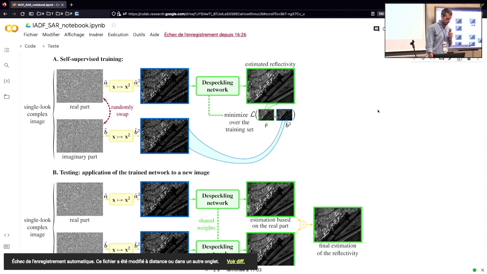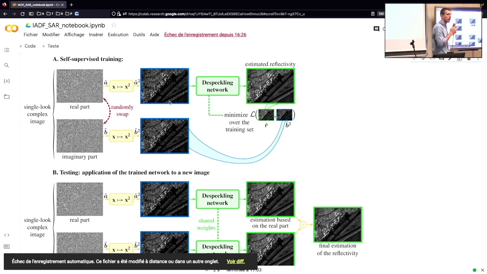And the basic idea is that if you have two images that are representing the same scene, but the noise component is independent between the two images, you can feed your neural network with one image, and you can ask to minimize the distance between the output and the second image. Because the noise is independent, the task is impossible.